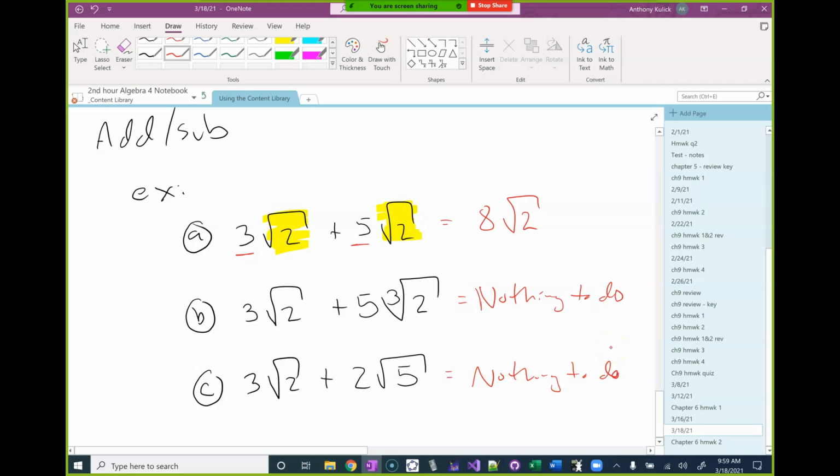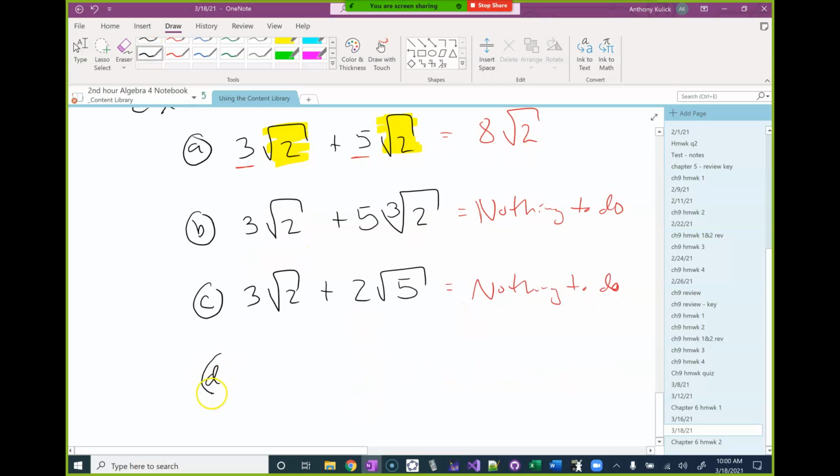Yep. Well, what about this? Can I add these? Yes. And you're like, hold up the truck, Mr. Kulik. How is this any different than C, where you said there's nothing to do? Well, in C, there's no reducible radicals, right?